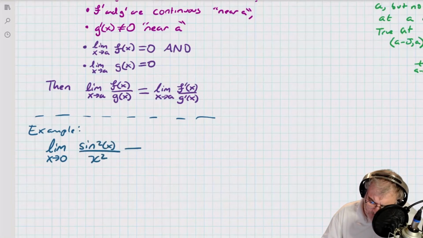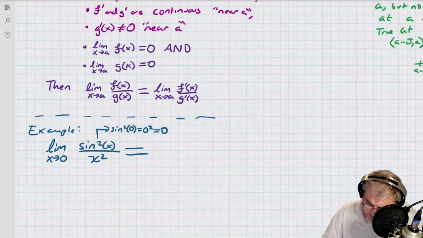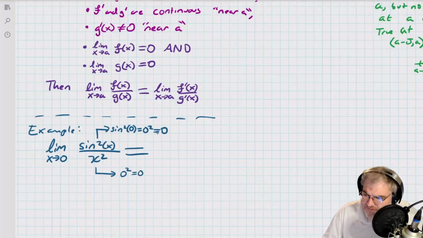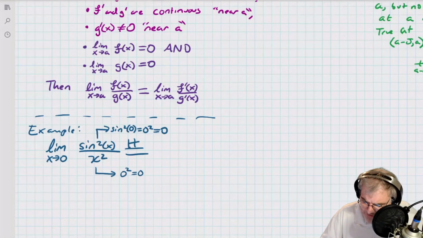So now I'm going to sub in, and now I've got 0 over 0. So I'm going to apply L'Hopital's rule, the full-bodied version.